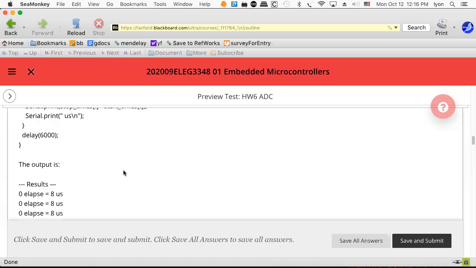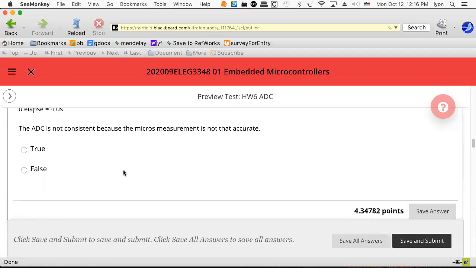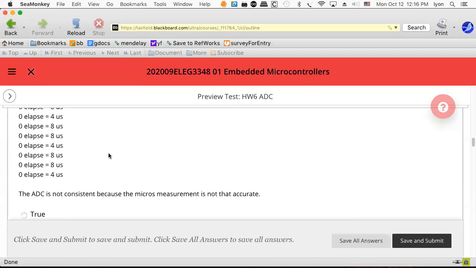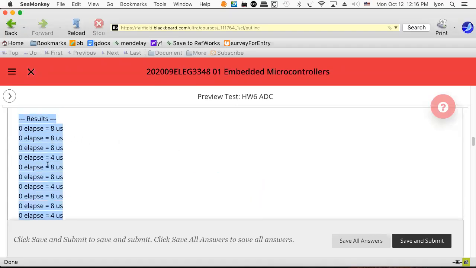Sometimes we see things are not consistent. Here it says the ADC is not consistent because the micros measurement is not that accurate. Remember, micros is giving us numbers that are plus or minus 4 microseconds. So that's why we say it could be 8, it could be 4, it could be 12.